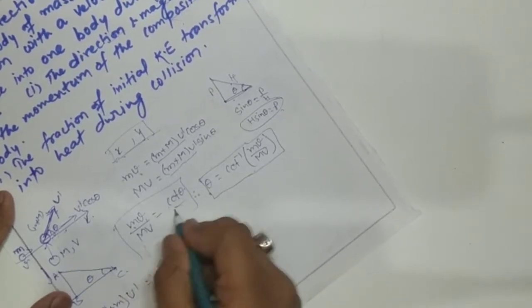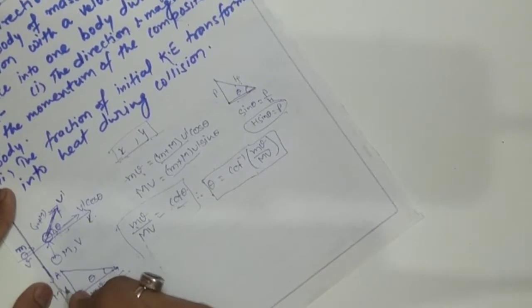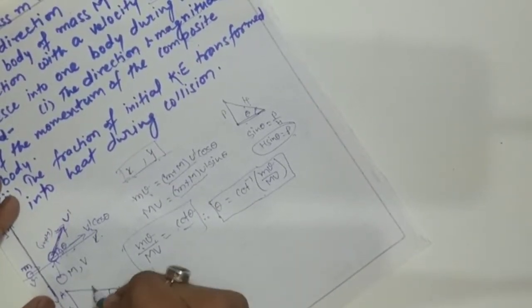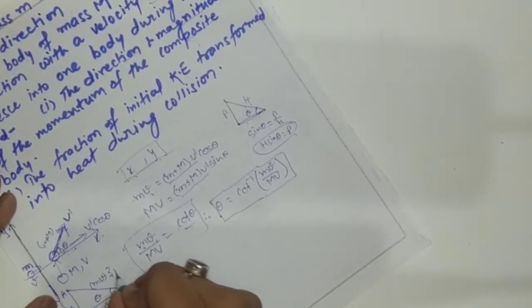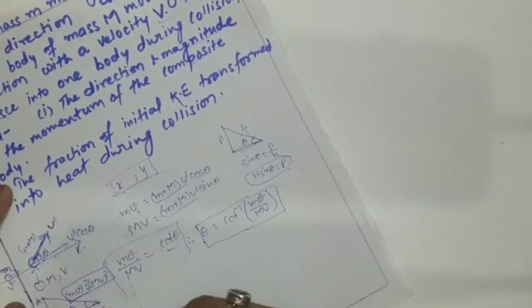So the base is m small v and the perpendicular is M capital V. Therefore our hypotenuse comes out to be the square root of m small v squared plus capital M V squared.